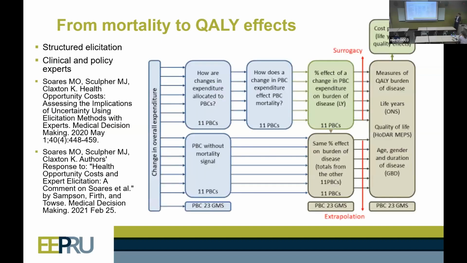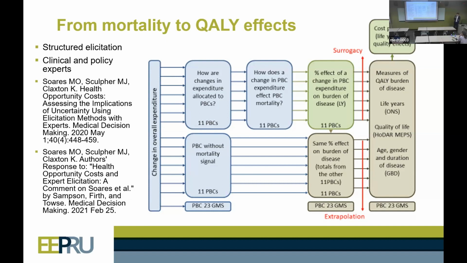Now, I'm not going to go into great detail on this slide, but you'll see in this presentation that I'm going to present results in terms of QALYs, but so far I've only talked about mortality. Quite a lot of work has been done to go from an estimated effect on mortality to an estimated effect on a more comprehensive or generic measure of health, such as the quality adjusted life year.